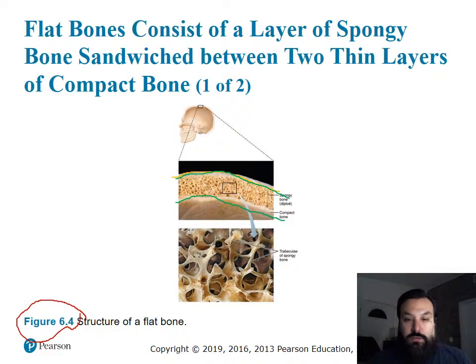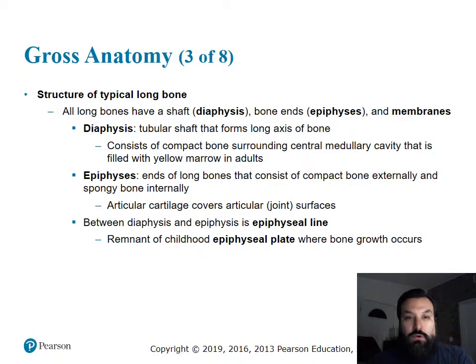Sandwiched in between is all of your spongy bone, your diploe. That diploe is sandwiched right in between this flat bone, and in fact what we're looking at is a portion of the skull, which is considered a flat bone. We see that there.